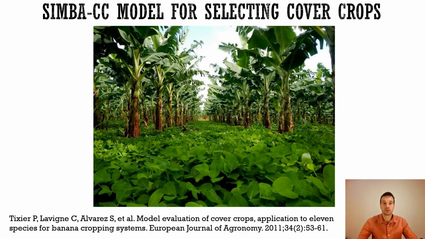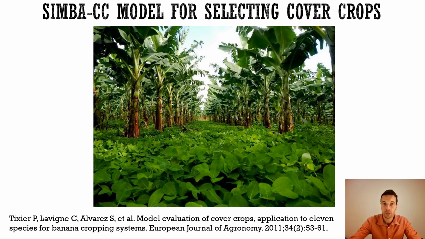Another model which I'm going to review is used for selecting cover crops. And selecting cover crop species means searching for plants with the best trade-off between competition against weeds and competition with the cultivated crops.